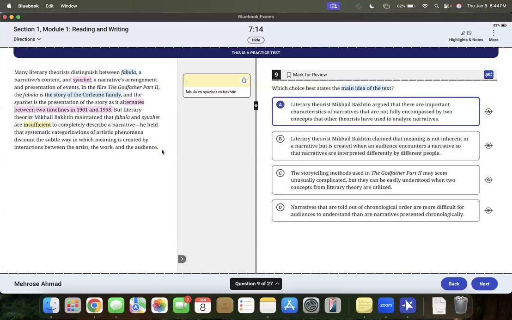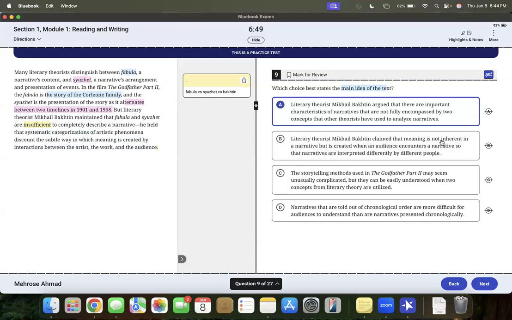I think this is a distracting answer. He does talk about the interactions between artists, the work, and the audience, but he says that this sort of interaction is really important to art phenomena as a whole, and that these categorizations are discounting that uniqueness.